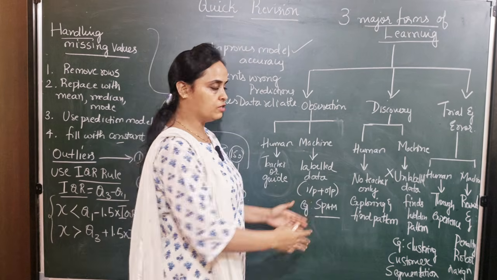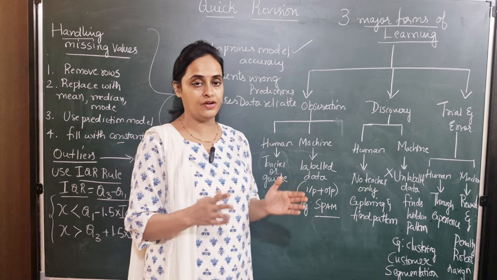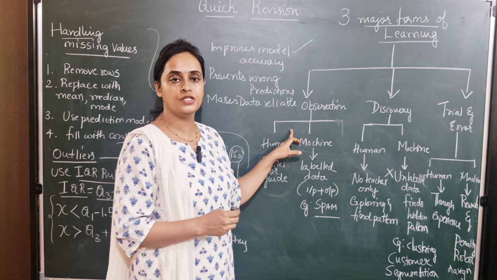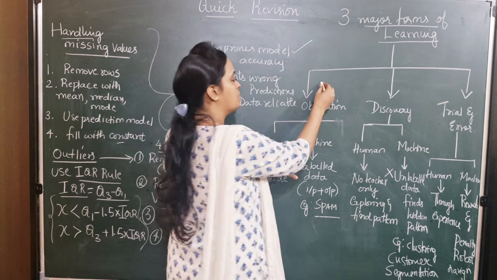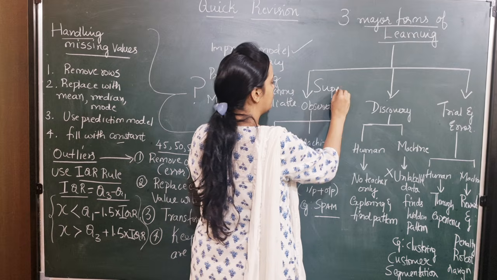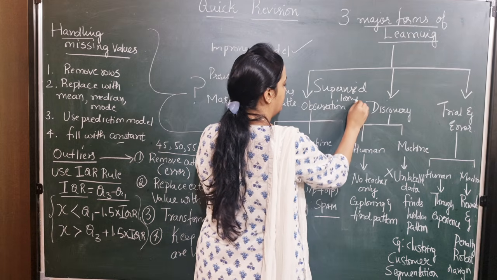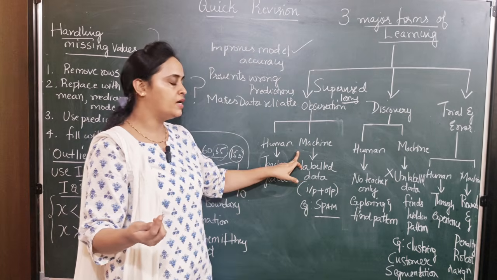Now, whatever we understood falls into three major machine learning mechanisms. Learning through observation by machine comes under supervised learning. I think now you have a better understanding.